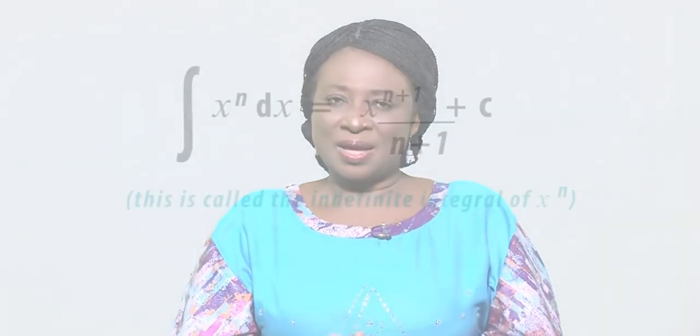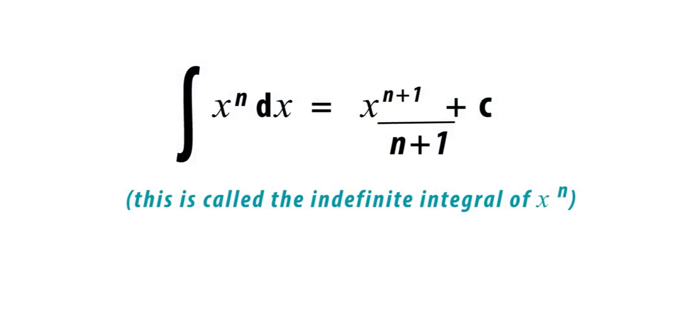Now, every time we integrate, the constant of integration must be included. So, the integral of x to the exponent n dx is equal to x to the exponent n plus 1 divided by n plus 1 plus c. This is called the indefinite integral of x to the exponent n.